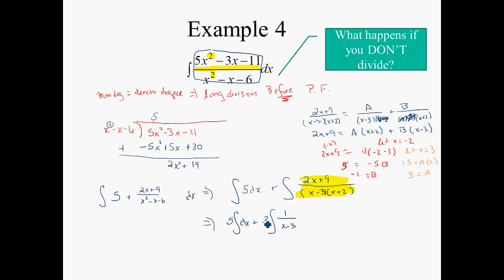Fill in, there's my A over x minus 3, minus 1 over the other factor. The integral of 5, and remember that's 5x to the 0, is 5x.